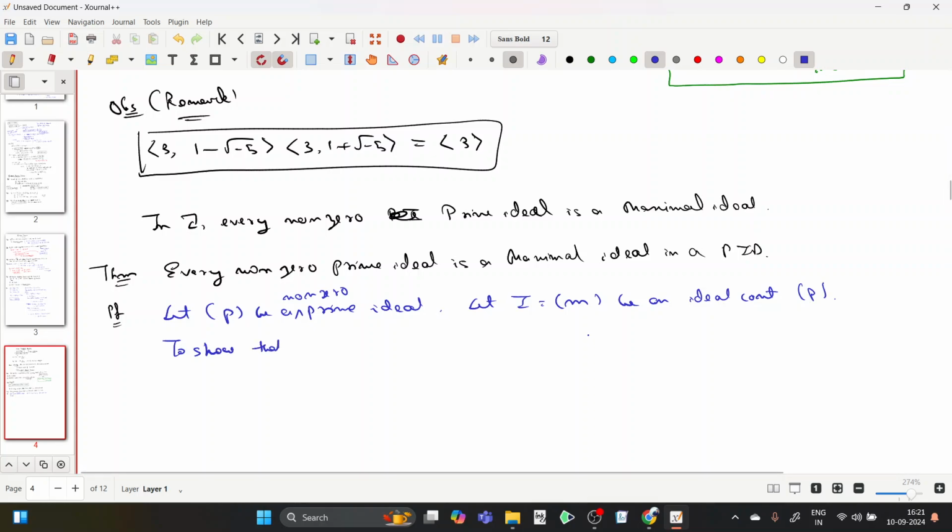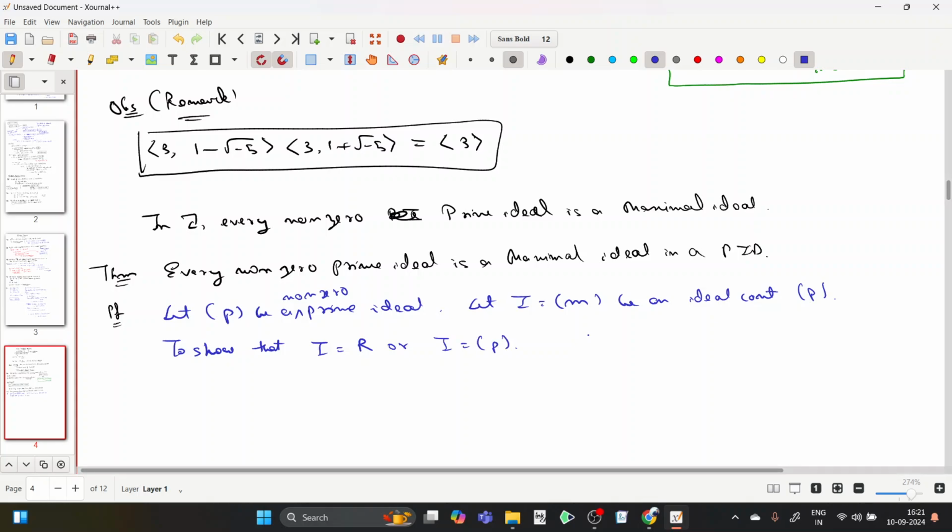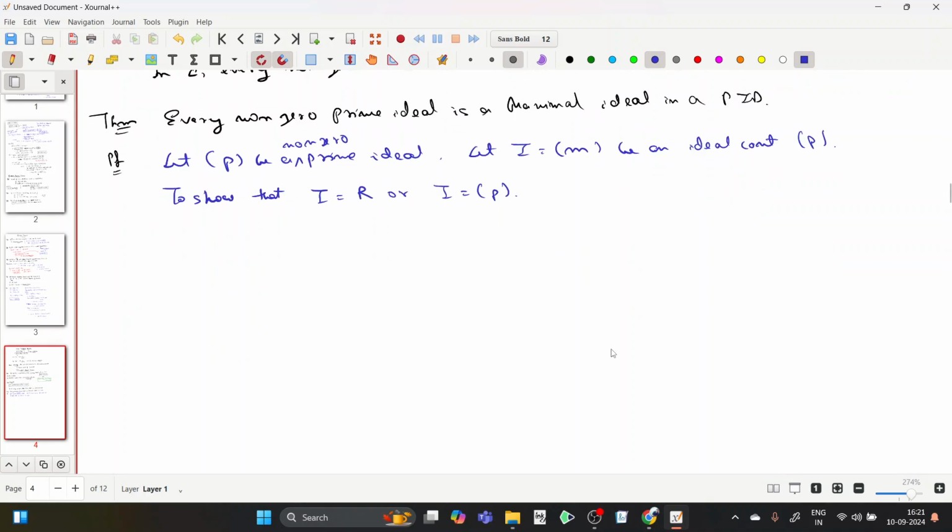R is the PID in which we are talking about, so this will prove that we are talking about a maximal ideal.